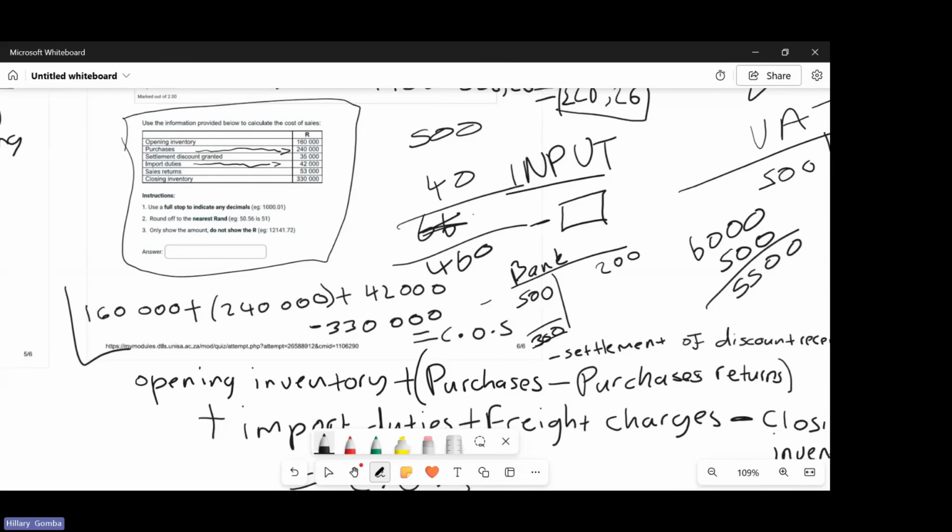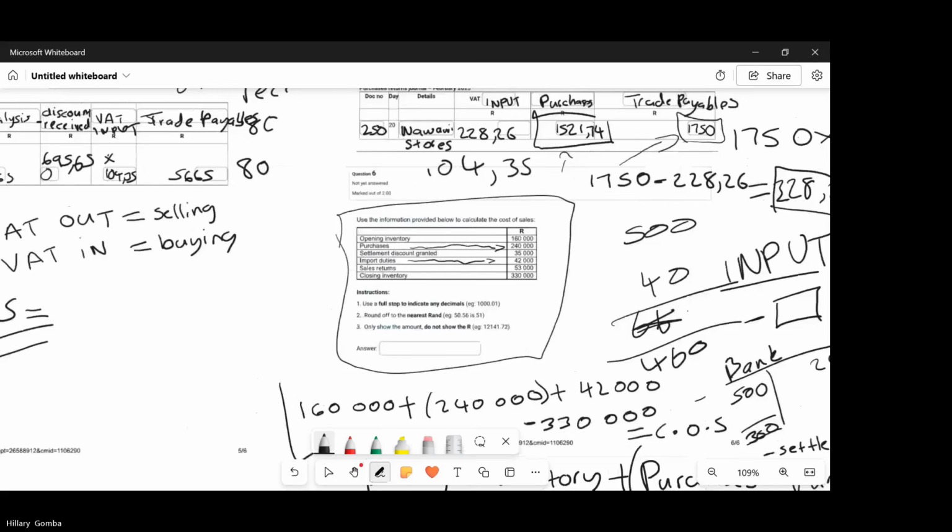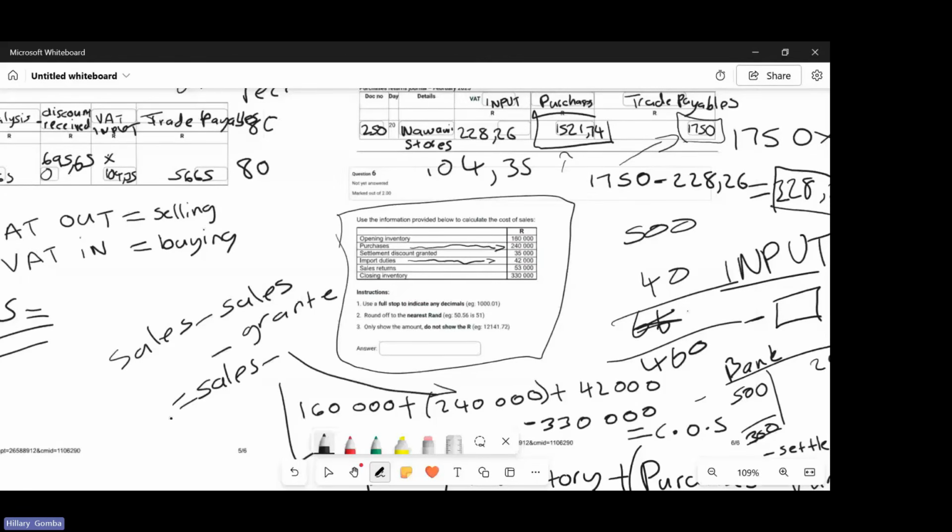You find your cost of sales. When you find your cost of sales, they'll give you sales. From that sales, you say sales minus sales returns minus settlement of discount granted, and then you get your actual sales. Once you get your actual sales, you less them with the cost of sales that you calculated here, and then you get your gross profit. But because you are looking for cost of sales, sales returns do not affect the transaction that we're dealing with.